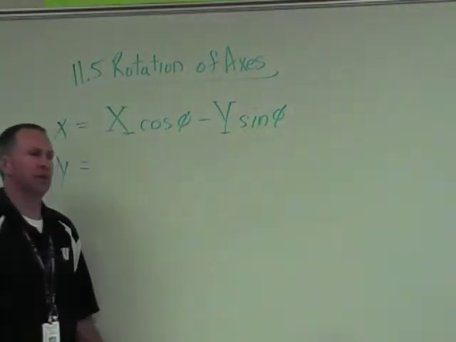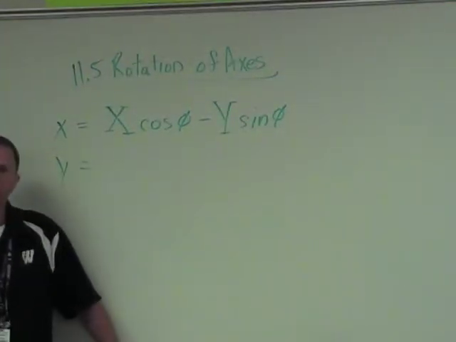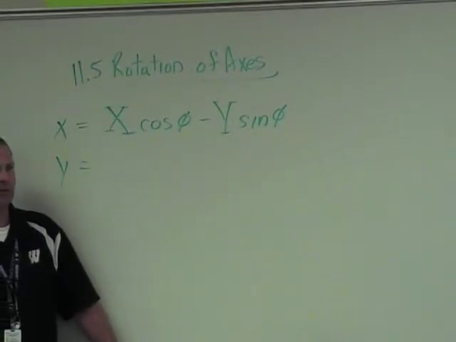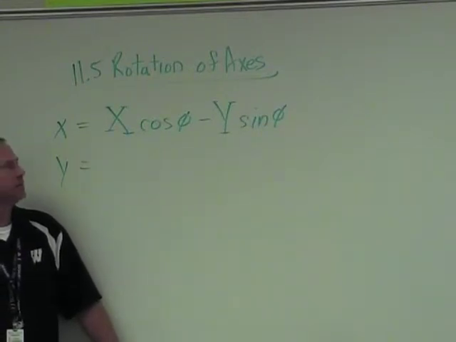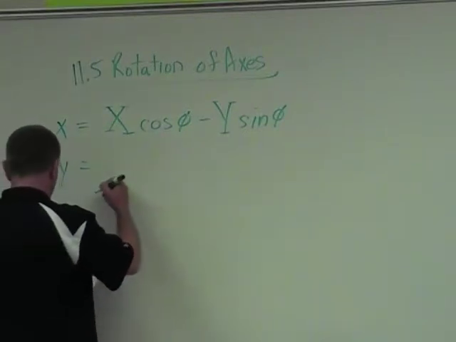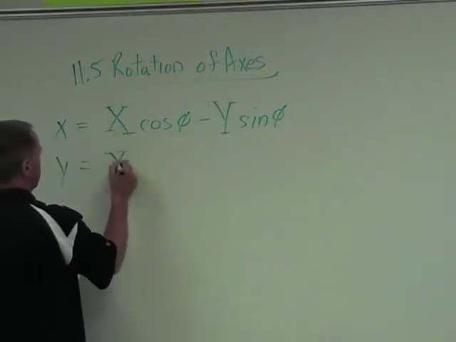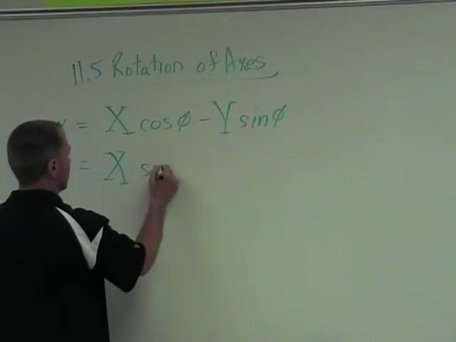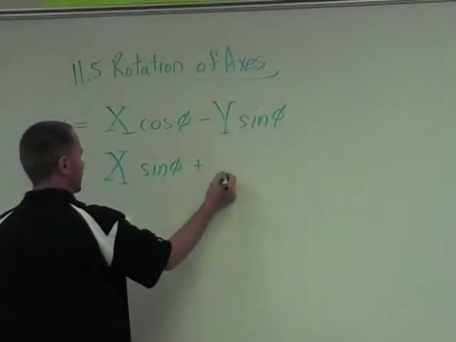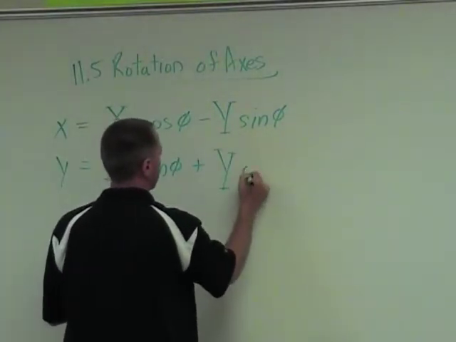So yeah, there's a little trigonometry. Not much. It's unit circle stuff. You still don't need your calculators for this stuff. But if you had to do something in a different degree, you could. And then you have capital X sine of phi plus capital Y cosine of phi.